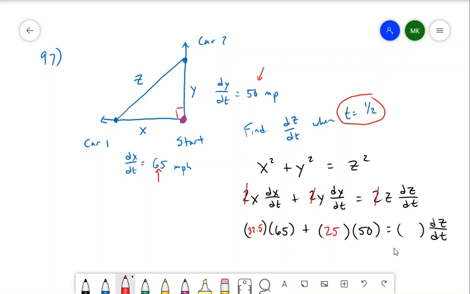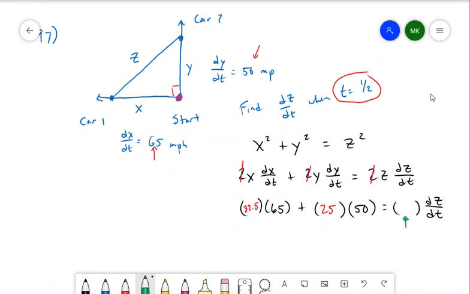Now the z one is going to take a little work, because we don't have a number we can just divide by 2. So what we need to do, as I showed you on a previous question, is draw what I call the snapshot picture. In the blue triangle, x, y, and z are changing. But I'm going to draw a green triangle here for when t equals 1/2.